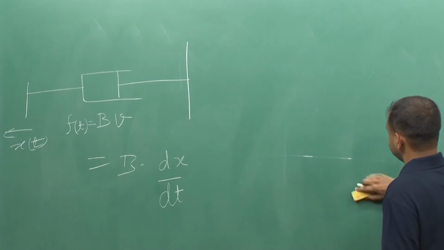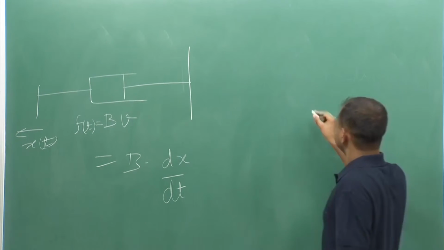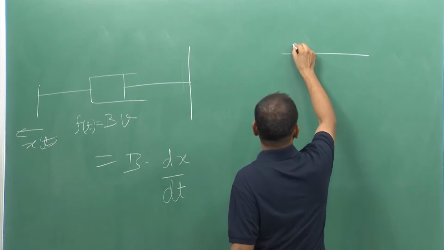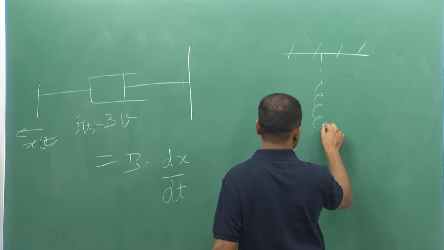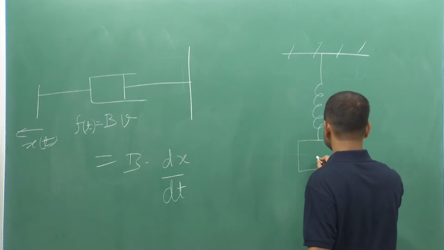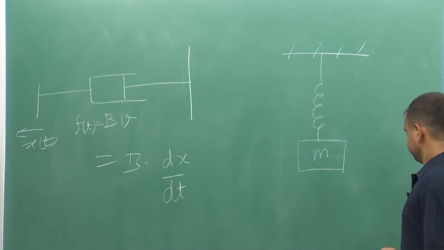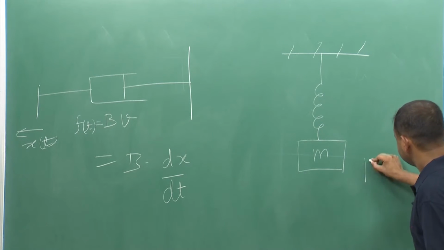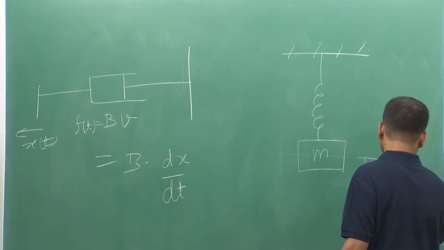Now, let us have a look at the spring, mass and damper system. Suppose we have a spring attached to a mass m. We apply a force here, f of t.